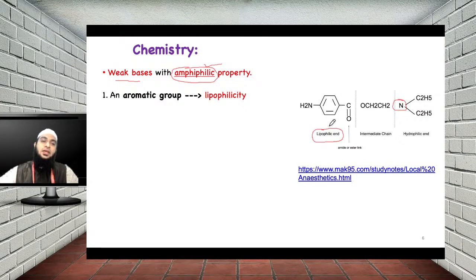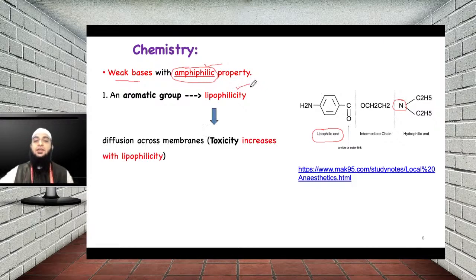If the aromaticity is more, then obviously it is going to increase the lipophilicity of the drug. And if the lipophilicity increases, then the drug can diffuse quickly across the membrane, because all our membranes are lipidic in nature, and it may contribute to the toxicity. So the toxicity increases in parallel with the lipophilicity of the local anesthetic.